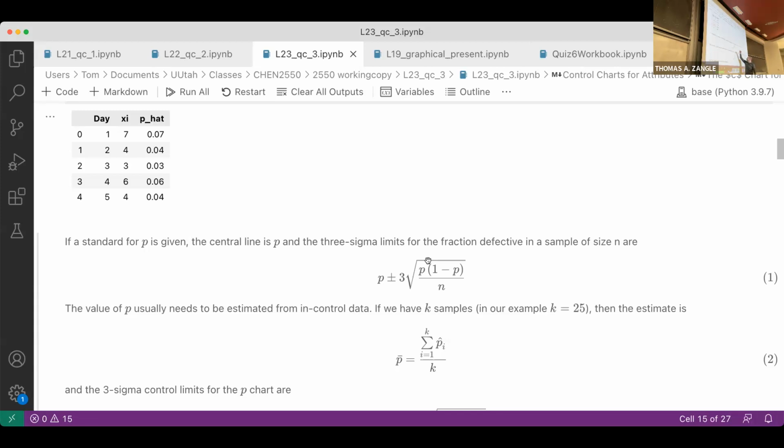What that means is that equation 1 here is really just saying that we're constructing a 3 sigma control chart, which is what we've been trying to do. So our upper and lower control limits are given by P plus or minus 3 times the standard deviation, assuming that we can use a normal distribution to approximate the binomial.